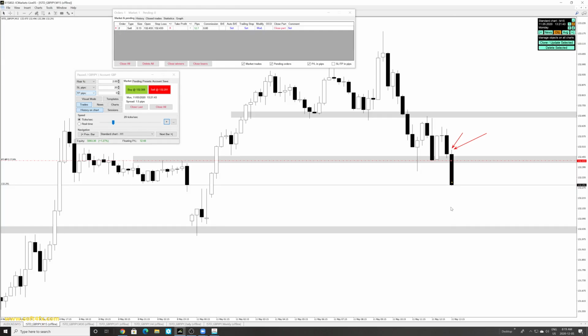The reason why I'm not letting this trade run into a complete 20 pips, like one-to-one risk reward, is that what we can see here on the left-hand side is that price kind of rejected this area right over here, right? So we don't know whether price is going to continue down and reverse before 20 pips, or is it going to continue moving down? So you always have to understand at what point you're securing profits.